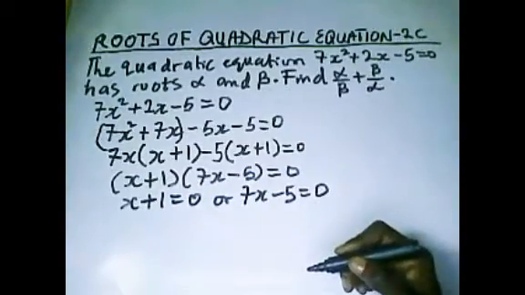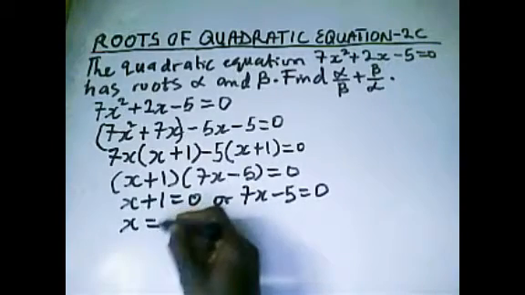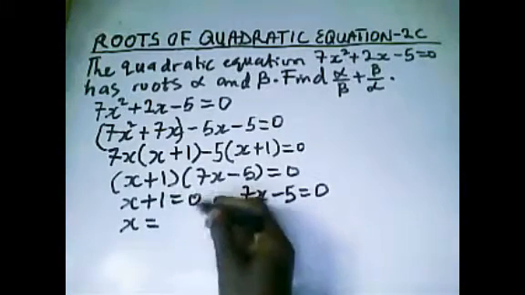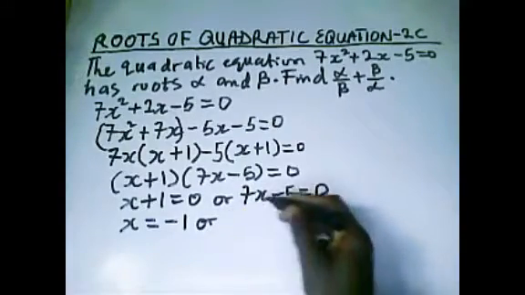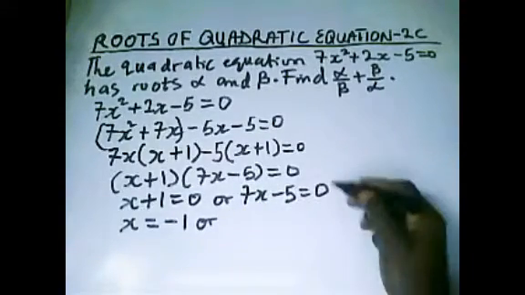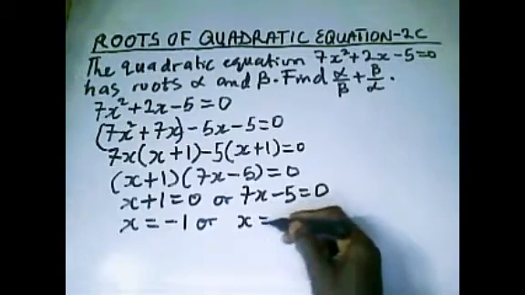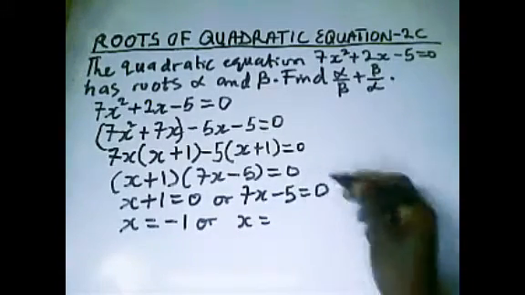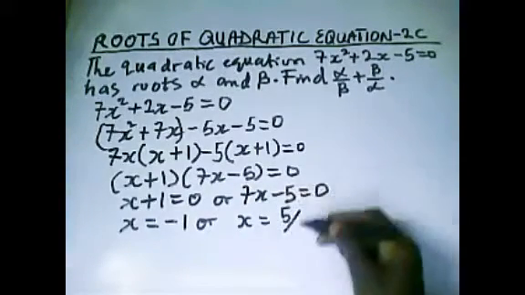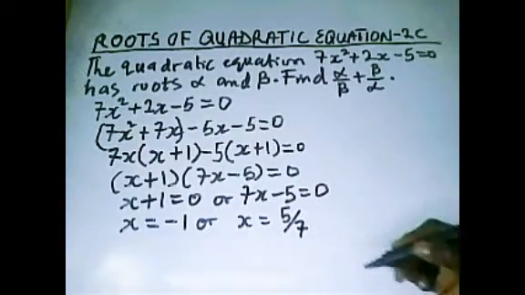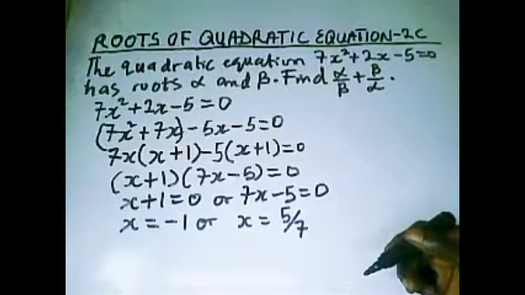So from here we can take the final step to mean x equals, this positive 1 will come here to become negative 1, that is minus 1, or if you simplify this, our minus 5 will come here and become plus 5, then we are dividing both sides by 7, so we have 5 upon 7. So these are the roots of the equation.